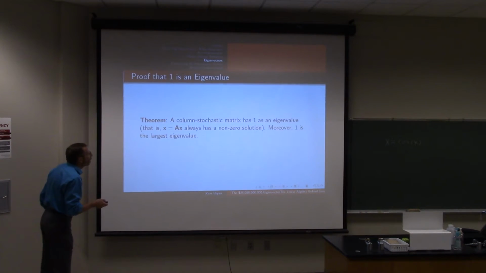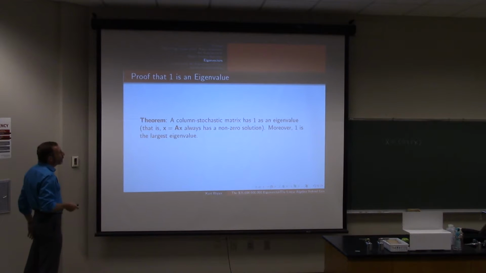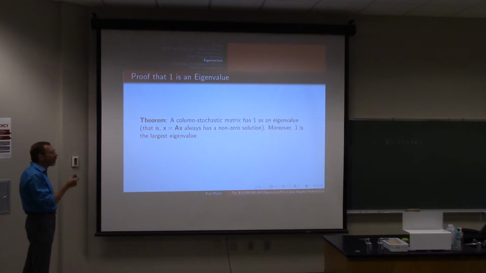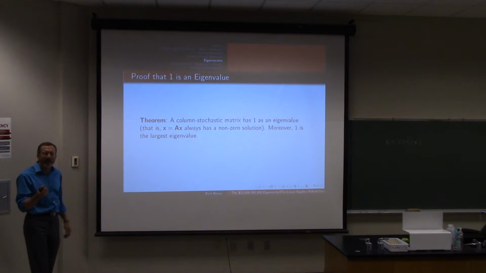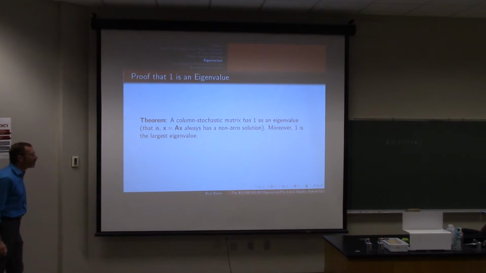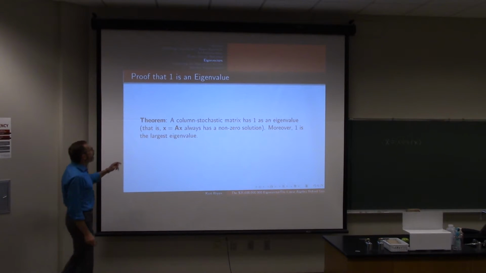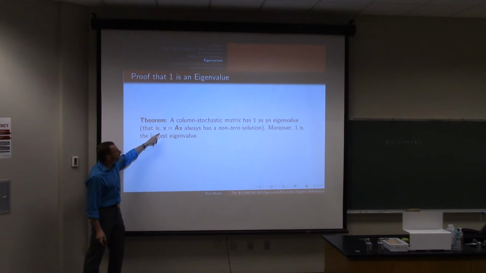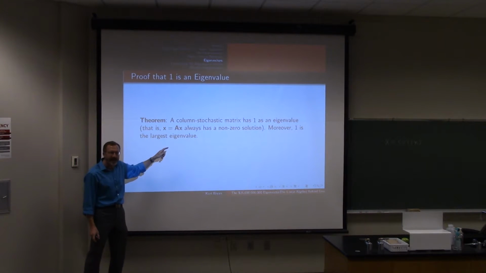There is a theorem here that actually isn't very hard to prove. It's a 3-line proof if you've taken a linear algebra course. If you haven't, I'm not going to go through it, but if you're interested, come see me afterwards and I'll show you how to prove it. A column stochastic matrix always has 1 as an eigenvalue.